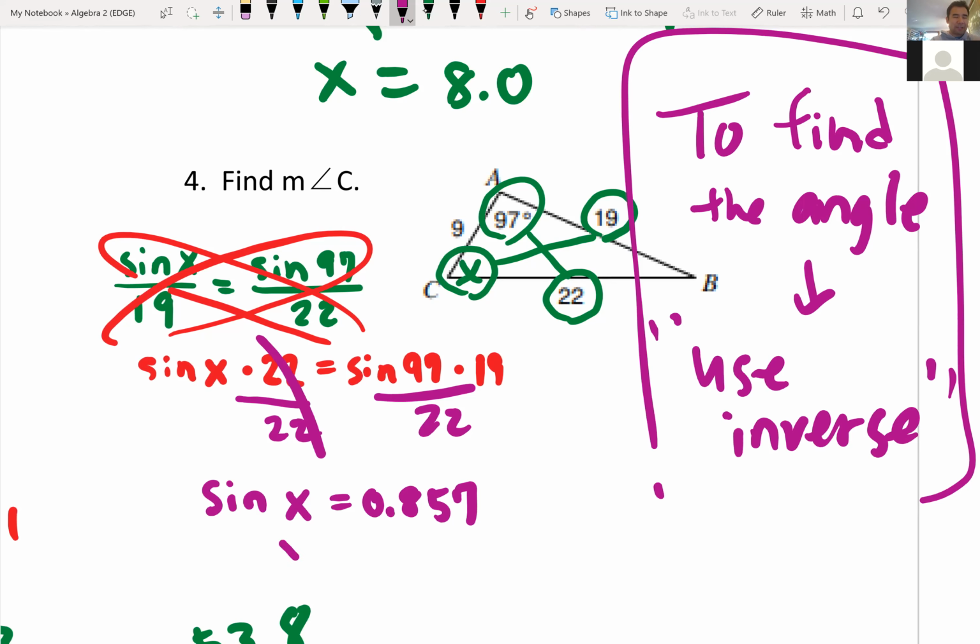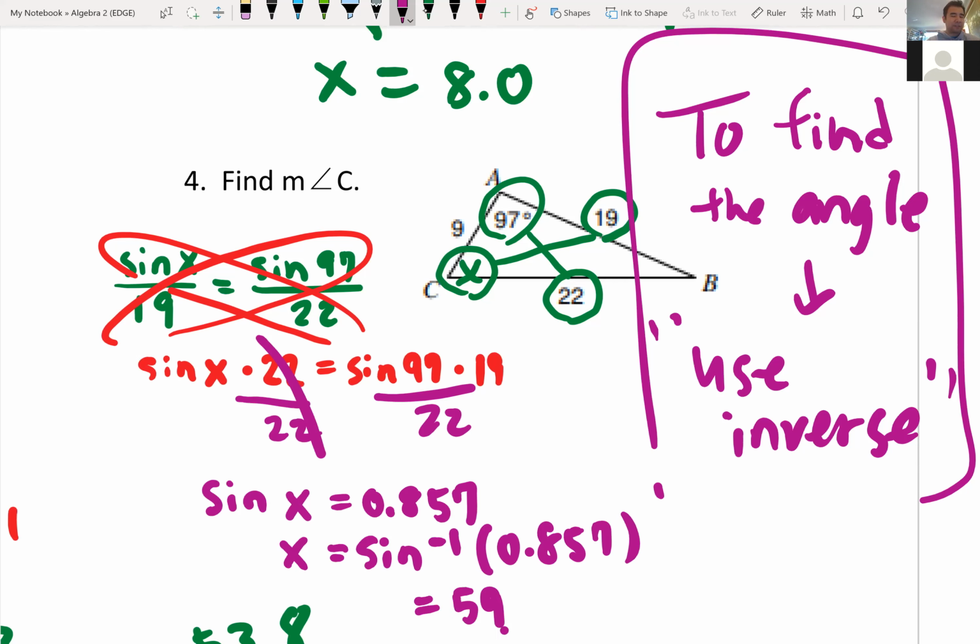So to find x, which is the angle measurement, x equals inverse sine of 0.857, okay? So inverse sine of 0.857, you get 59 degrees. Nice job.